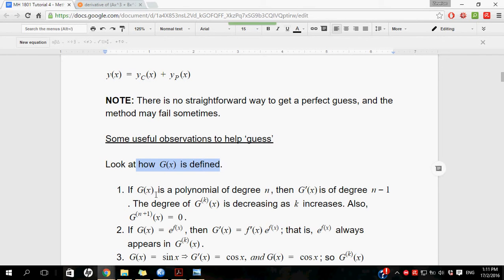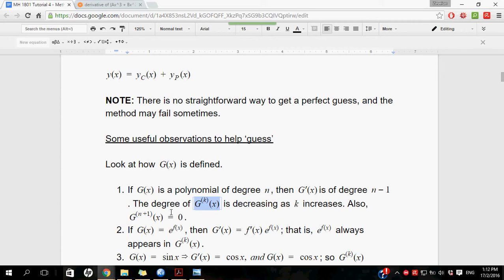For example, if g(x) is a polynomial of degree n, then by taking successive derivatives, the degree of the derivative is going to decrease. Or to say it another way, the kth order derivative of a polynomial is always a polynomial.